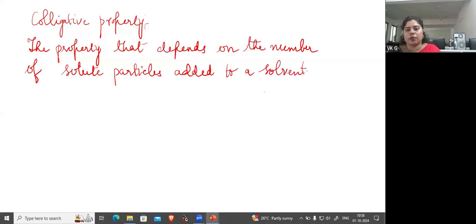That is called colligative property. Depends on the number of solute particles added is called colligative property.